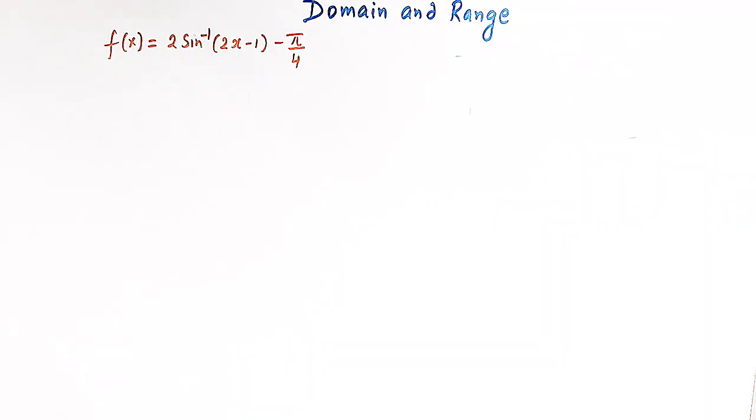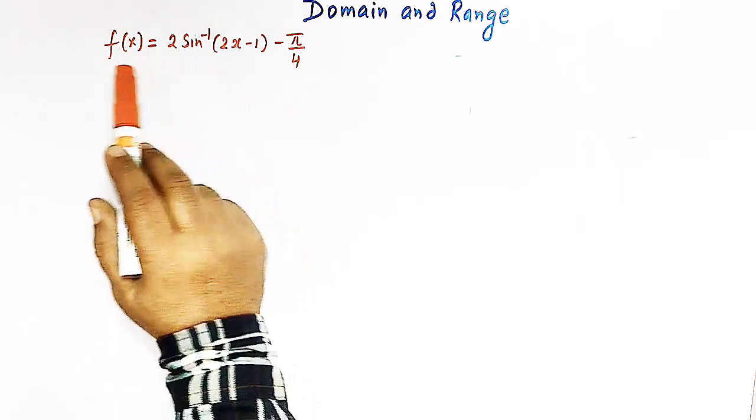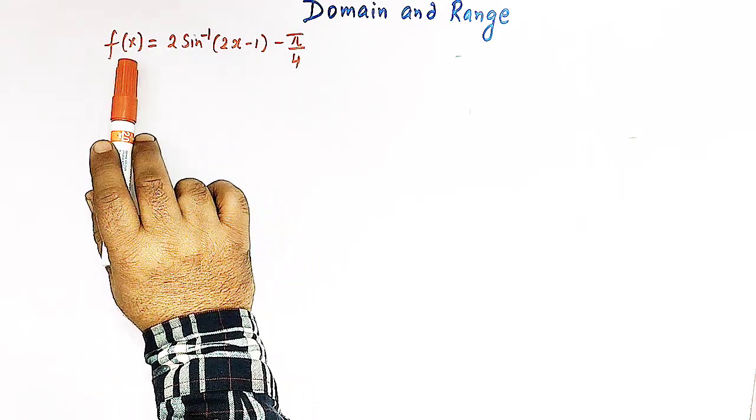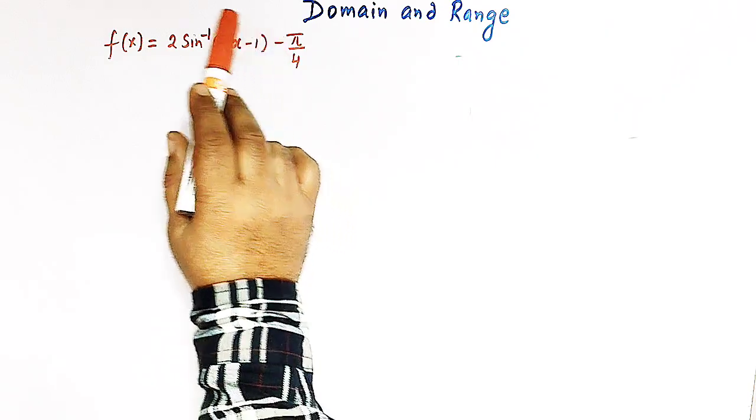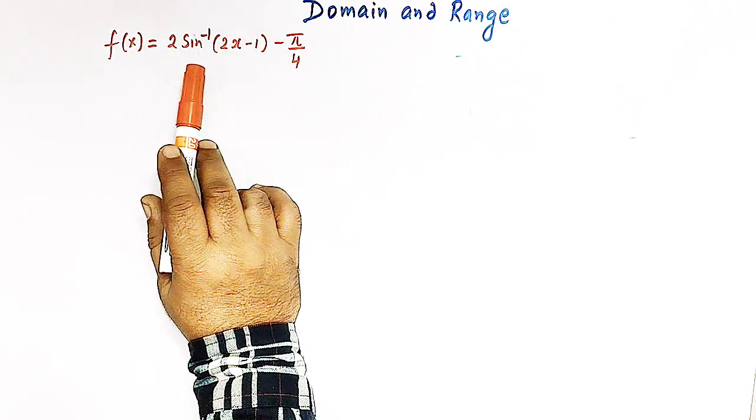Hello viewers, in today's session we are going to discuss another important problem from domain and range of functions. And in this class we are going to find out the domain and range of this function f of x, which involves the inverse trigonometric functions.